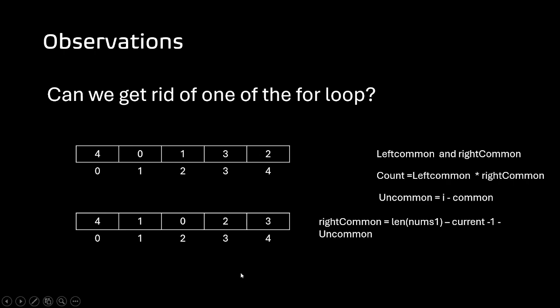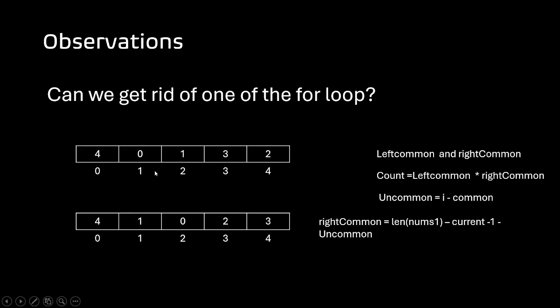You have to understand this. This is very important, so let me just repeat one more time. First of all, I'm finding out the number of common elements from the left side of both of these. Once I know the number of common elements between them, I also know the number of uncommon elements, because I can subtract the number of common elements from the total, and then I will get the number of uncommon elements as well, right?